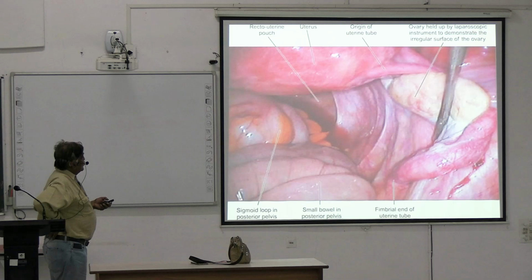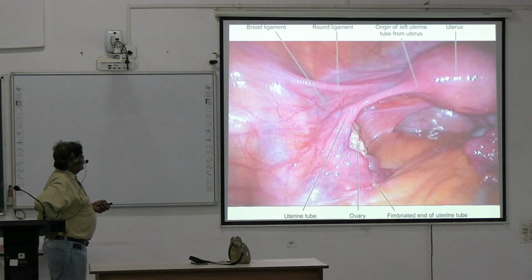Now, this is the laparoscopic picture. This is the ovary, and this is the fimbrial end of the tube, small bowel, sigmoid loop. Now, you see, this is the uterine tube, this is the ovary here.